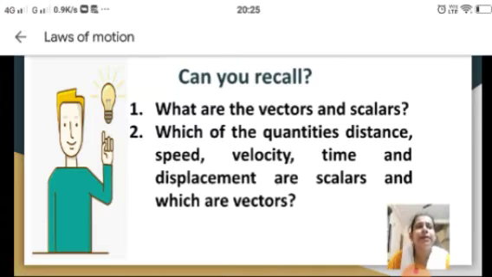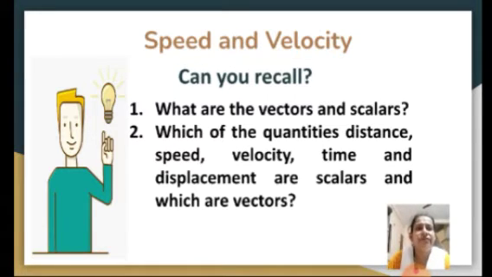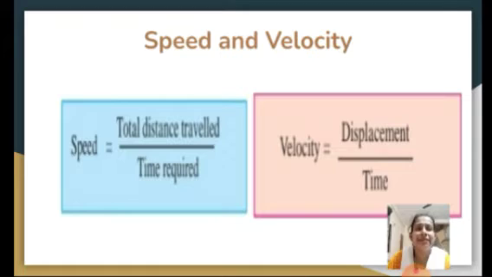Now, speed and velocity. What is the definition and the formula of speed? You might have sat in your father's car or maybe on a scooter, where there is always a speedometer fitted, which shows you the speed: 10, 20, 30, 40, whatever.